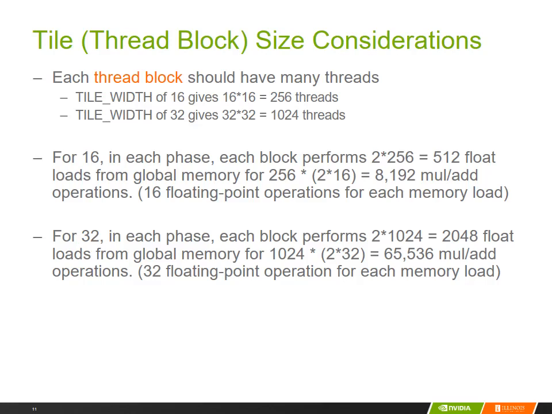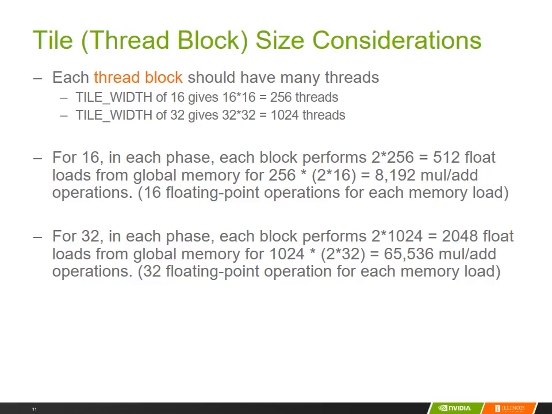throughput for a processor. If we use a width of 32, in each phase, each thread is still going to load 1 M and 1 N element, but we have 1,024 elements in the tile. So we're going to have to load 2,048 floating point operands from global memory.